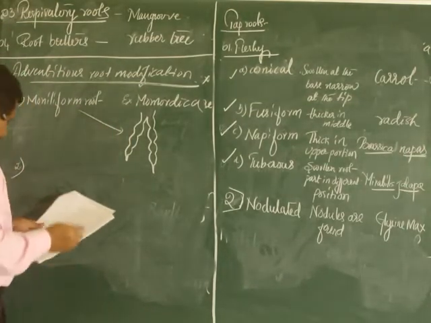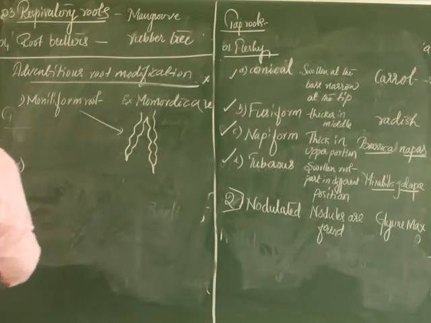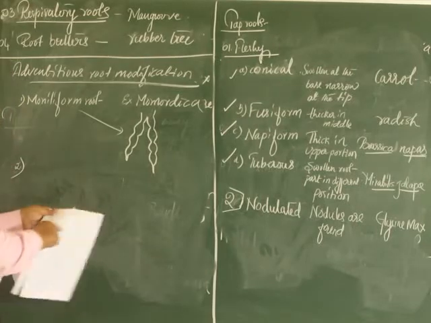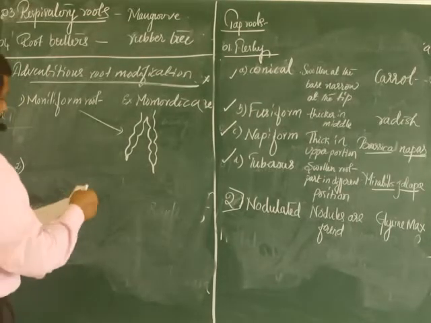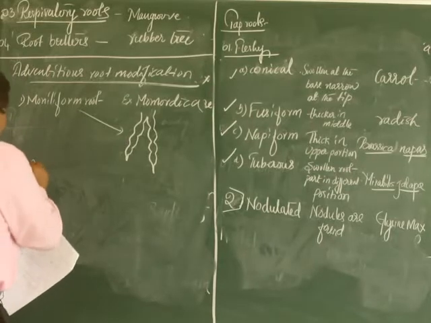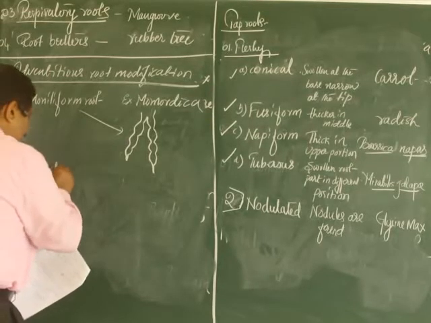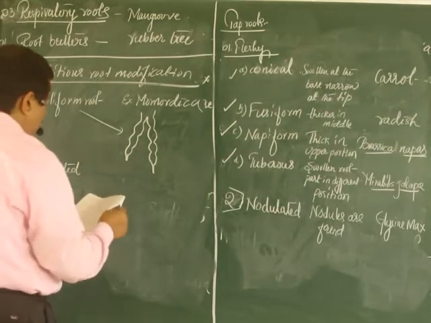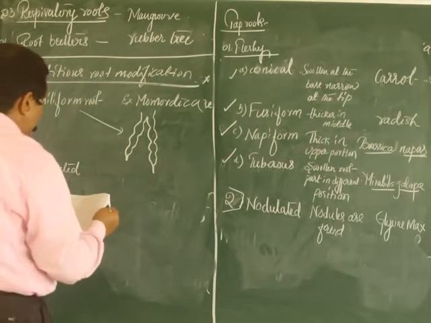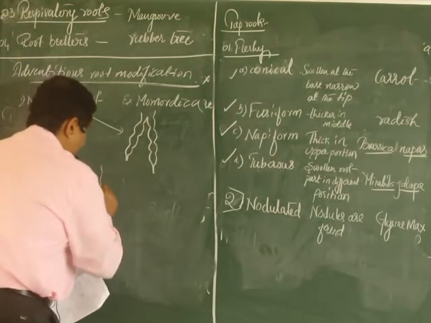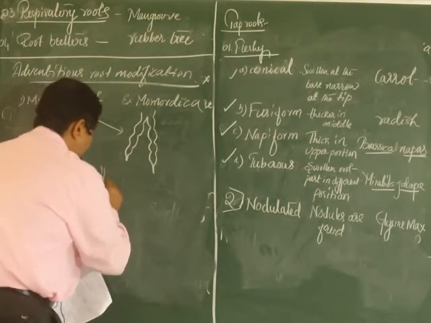The second type of roots that we come across in adventitious is annulated root. Here the roots possess ring-like structures at regular intervals.